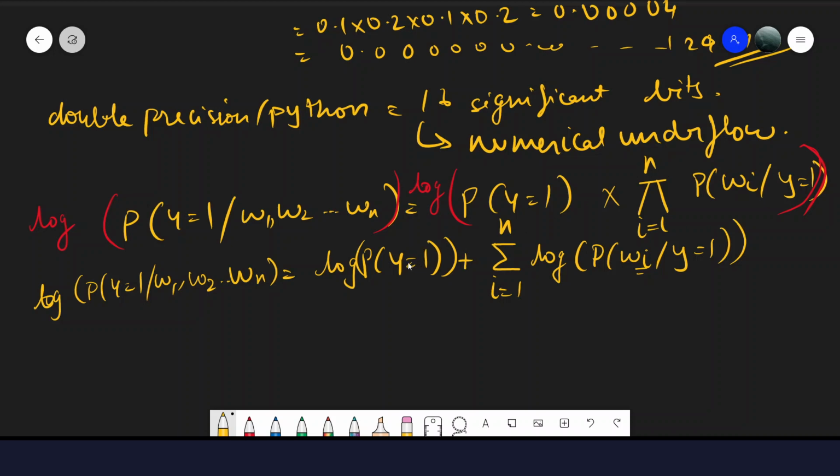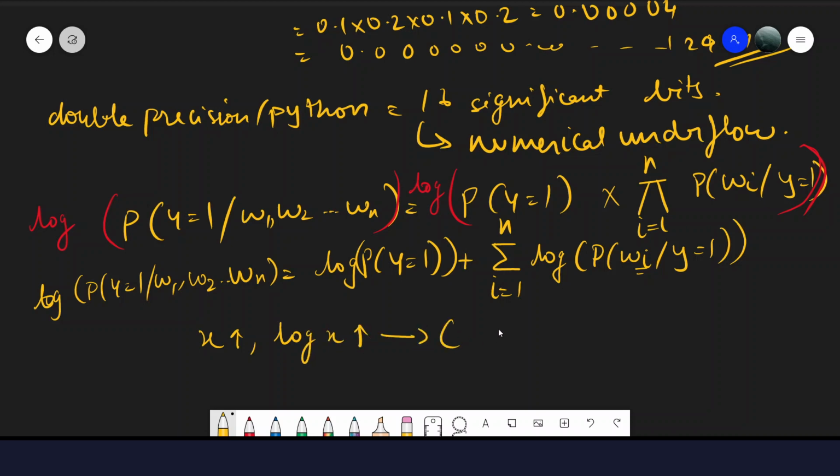You take the log probabilities. Why is log a good function to use? It is because log is a monotonic function. What that means is that if the variable increases, the function's value will also increase. If x increases, then log of x will also increase.